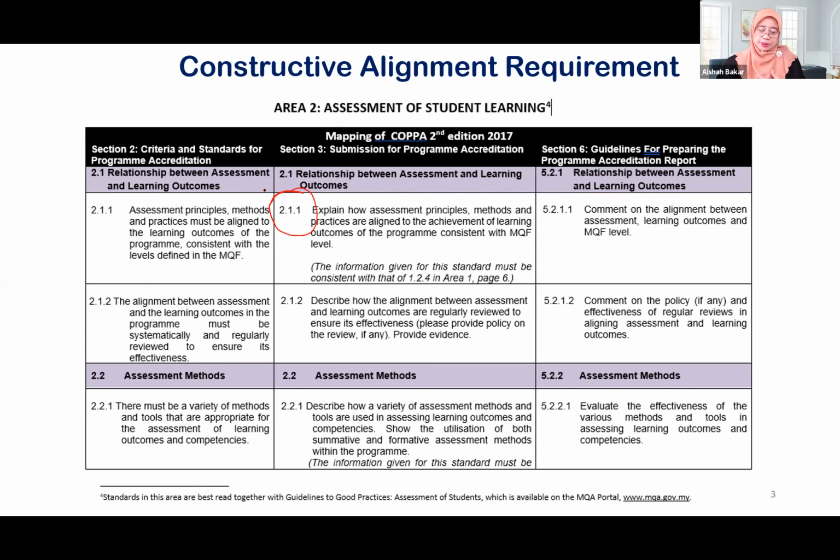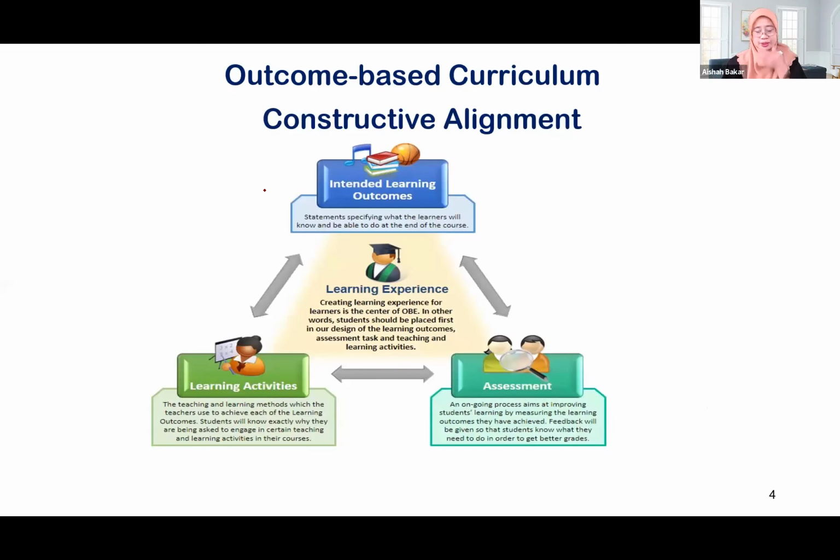So I don't think it's time to be talking about quality assurance, but Atika has also mentioned earlier that when it comes to assessment, when it comes to constructive alignment, or when it comes to outcome-based curriculum, outcome-based system. So when we talk about outcome-based assessment, we are talking about using the outcome-based system, and the heart of the outcome-based system is constructive alignment.